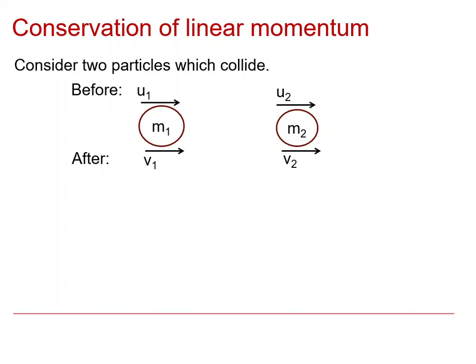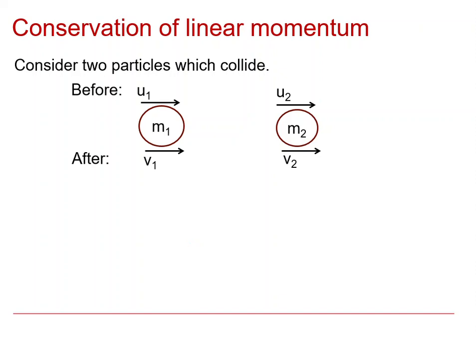Now, if everything takes place in a straight line, Newton's third law will tell us that there will be an equal and opposite horizontal force interacting between those two bodies or particles. Now, if the force of interaction is equal and opposite, the impulse alike will be equal and opposite, because the common time between the two is all that differentiates the force from the impulse.